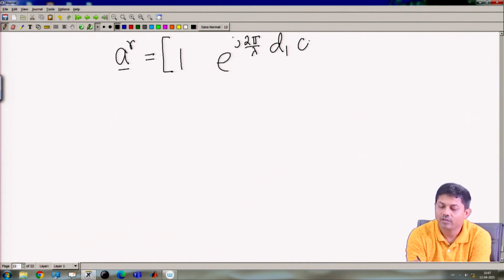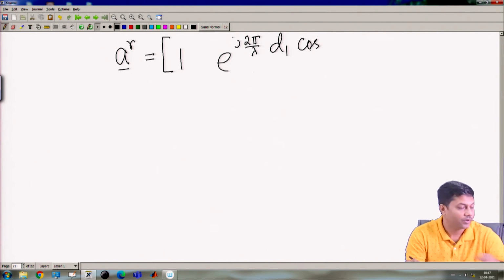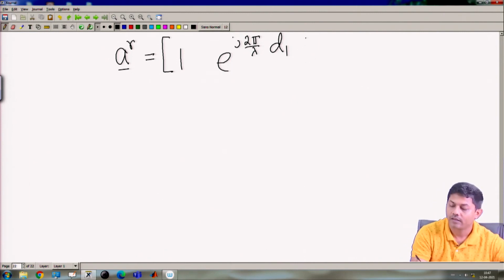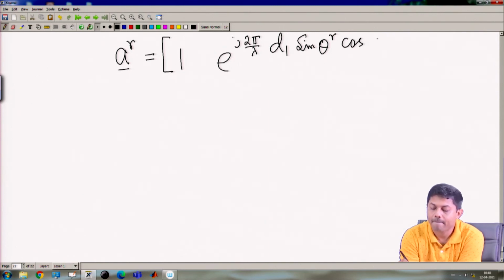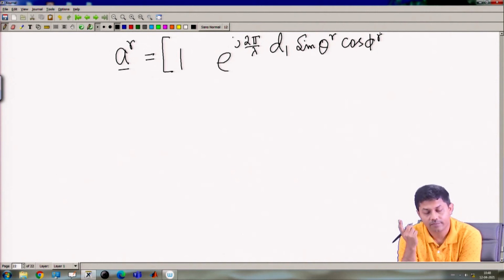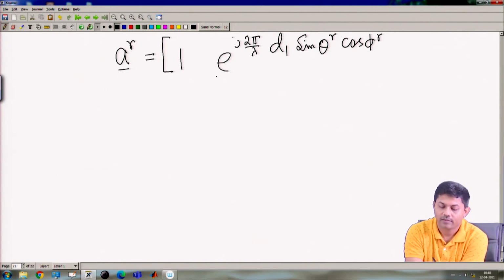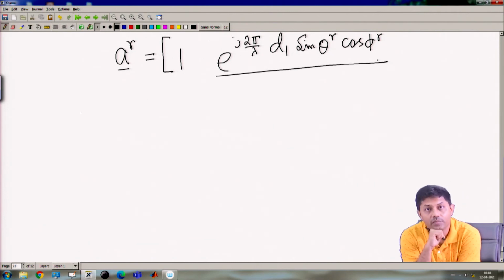So, that will be sin theta r cos phi r. That is the point. Nothing else will be there.